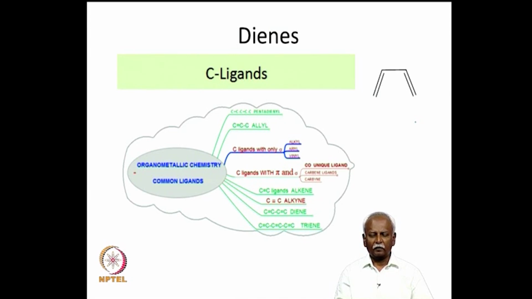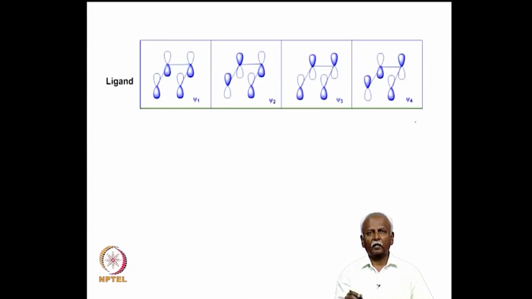If you look at dienes, these are just examples of compounds where you have two double bonds strung together, and it is quite common in organometallic chemistry. And if you look at the molecular orbitals of the pi system that is there in a diene, you will notice that the most stable or the lowest energy pi bonding orbital is the one which we label psi 1.